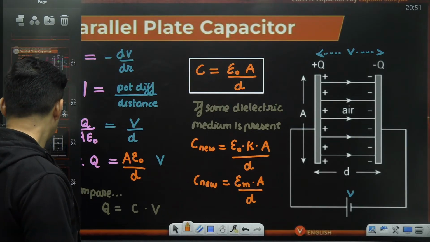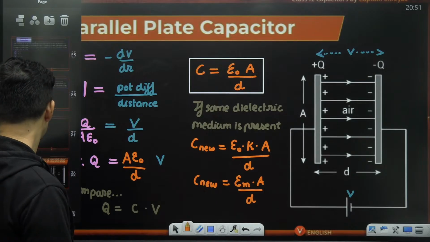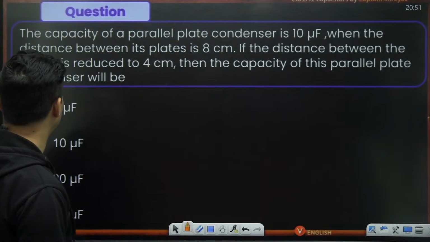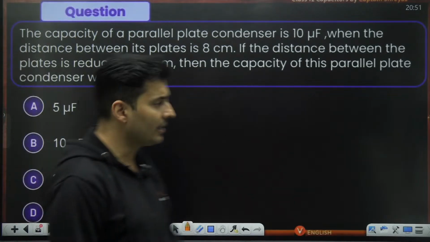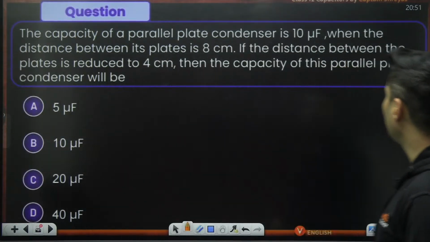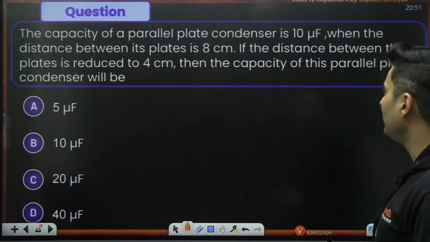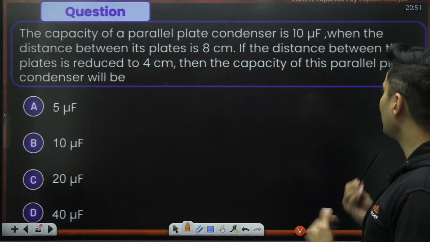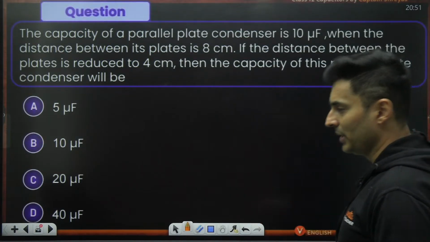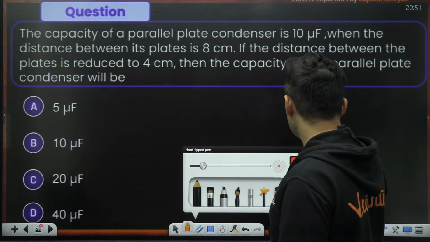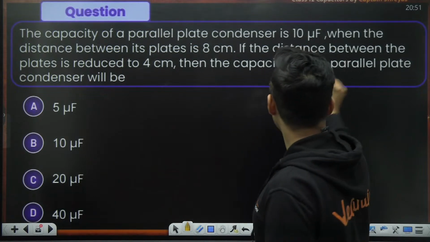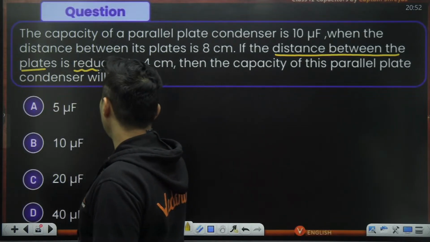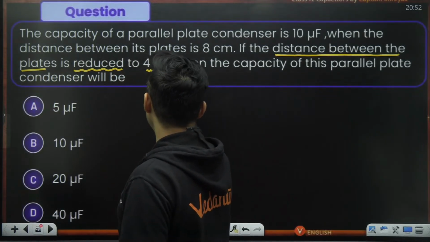Okay. So now that we have it, let's see whether you are able to solve this question. The capacity of a parallel plate capacitor is 10 microfarad when the distance is 8 centimeter. If the distance between the plates is reduced to 4 centimeter, then the capacity will become how much? As you can notice, the distance between the plates is reduced to 4 centimeter.